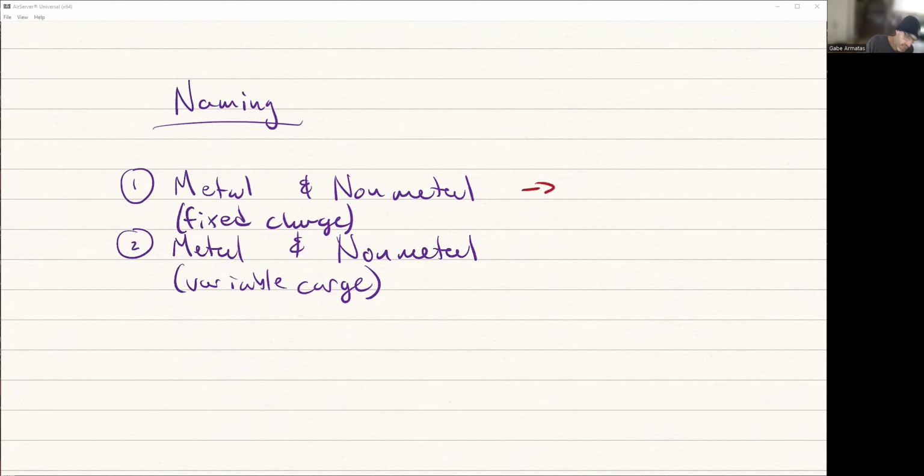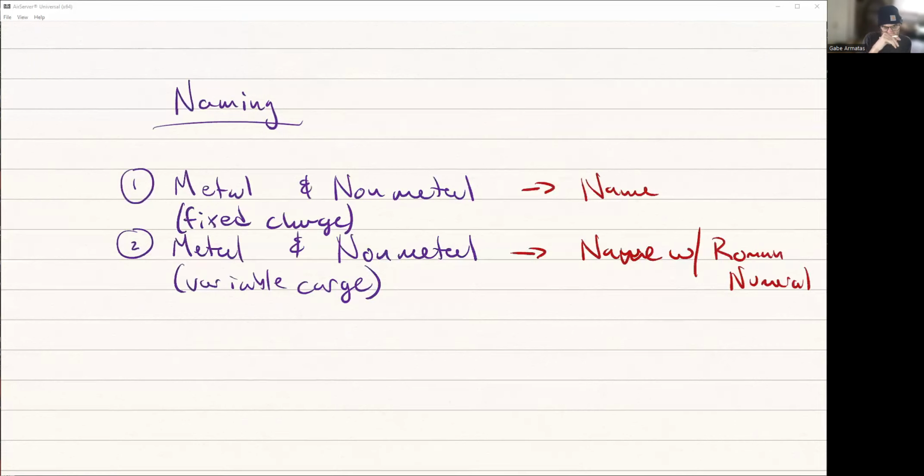If it has a metal and a non-metal with a fixed charge, we are just simply going to name it. If it has a metal with a variable charge, we are going to name it with a Roman numeral. And we'll get to those specifics in a little bit.